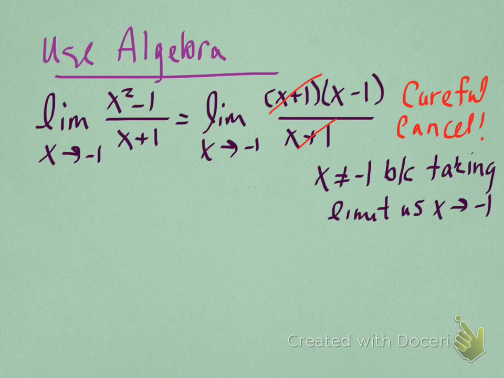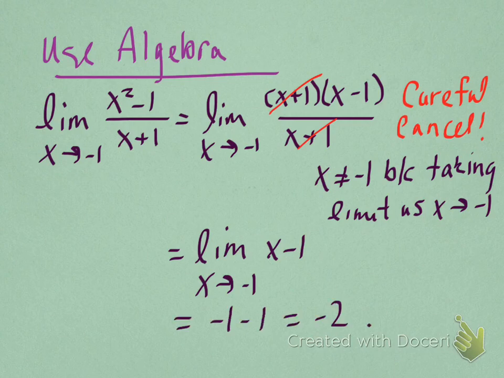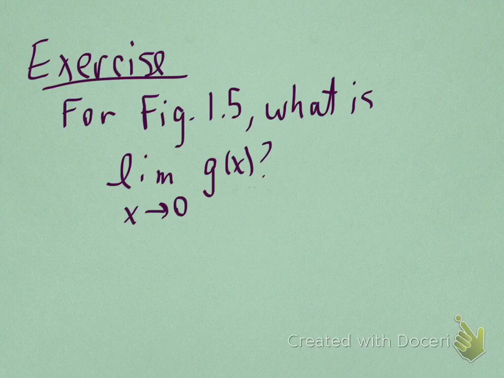So once I make my careful cancel, I have the limit as x goes to -1 of x minus 1, which is -1 minus 1, which equals -2. So indeed, I have used algebra to prove that my limit as x goes to -1 of f of x is -2. Your exercise for this guided practice is in figure 1.5. Please tell me what the limit as x goes to 0 of g of x is.